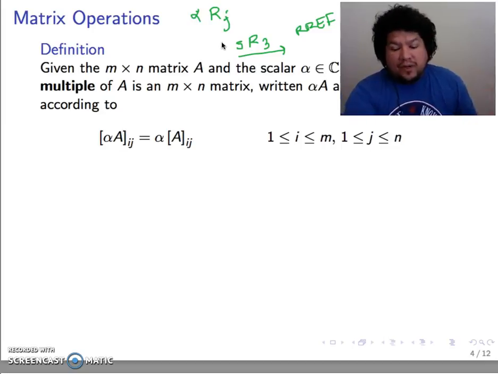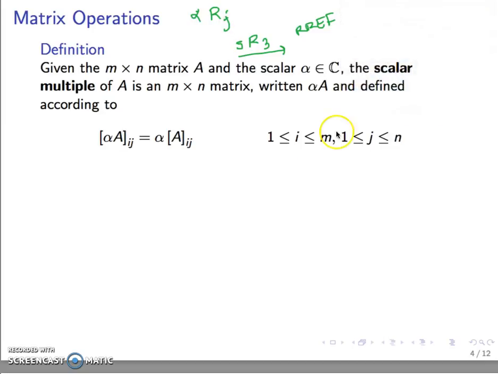So now we're going to extend that idea to multiply not just by one specific row, but by an entire two-dimensional array, all the rows and columns, all the numbers of the matrix, by a scalar here denoted as alpha.